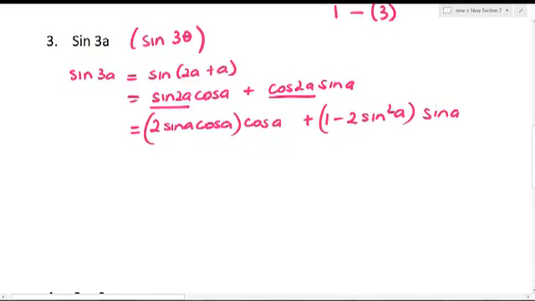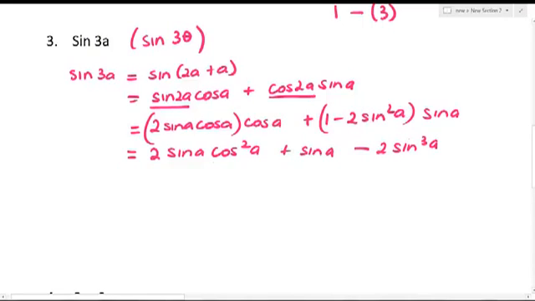So we still have sine a at the end. So multiplying gives you sine a cos squared a, because the two cos multiply to give you cos squared, plus sine a, minus 2 sine cubed a.